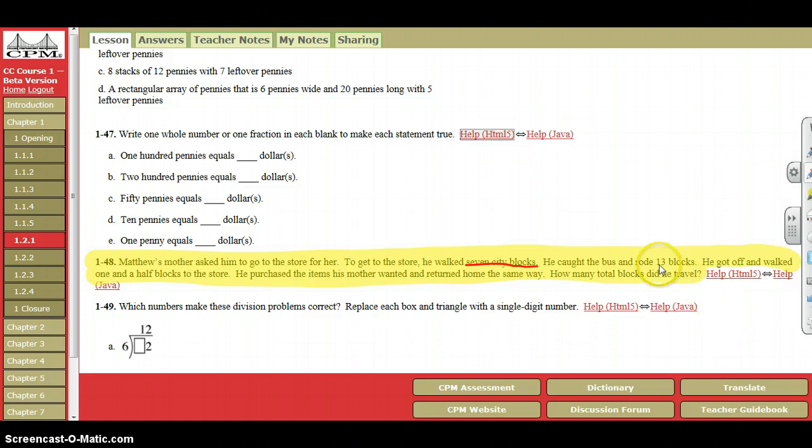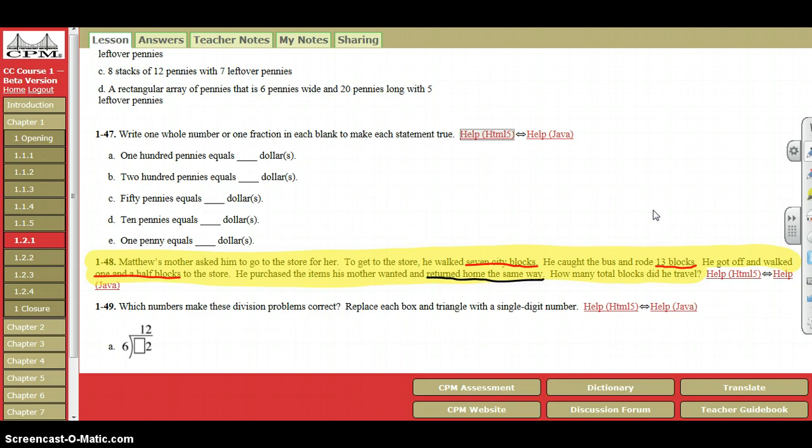He caught the bus and he rode 13 blocks. He got off and he walked 1.5 blocks to the store. That's where he purchased the items his mom wanted, or he bought them. How many total blocks did he travel? Keep in mind too, it also says he returned home the same way. So he went there and he came back.